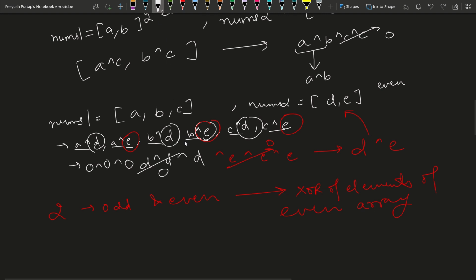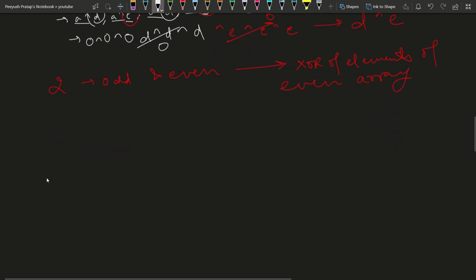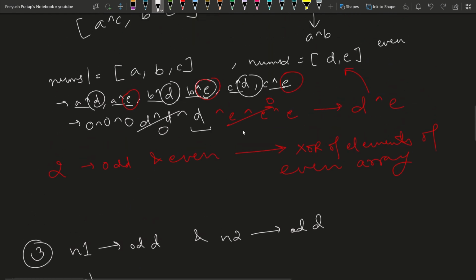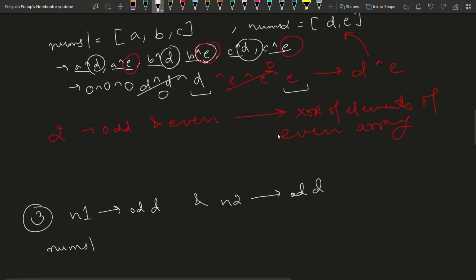Now coming to the last case, third case, where both n1 is odd and n2 is odd, then what happens? It will be similar to this case only, as in the end we are left with only one of the elements.